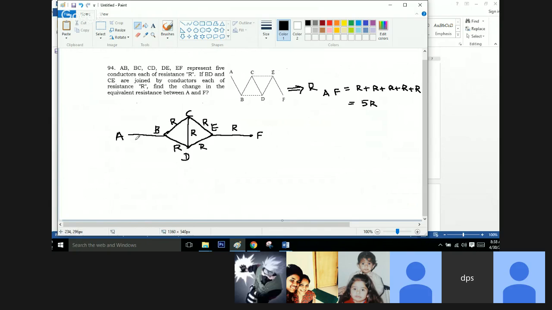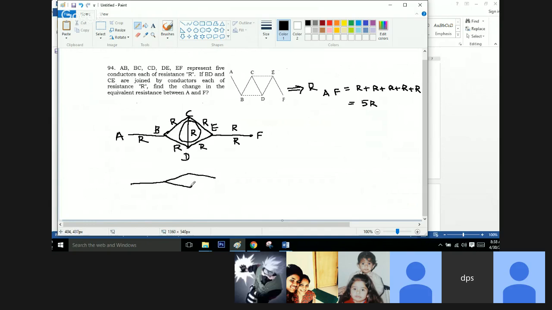But now as you are seeing here clearly, this is something like a balanced Wheatstone's bridge. So between C and D you have to think that there is no resistance. Once you say this resistance is not there, your picture appears in this fashion.